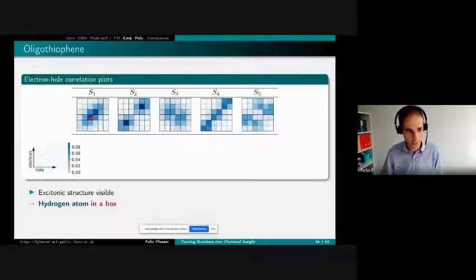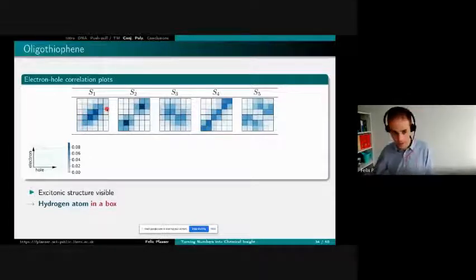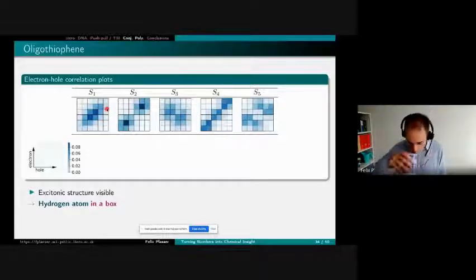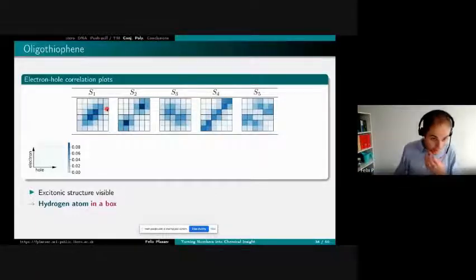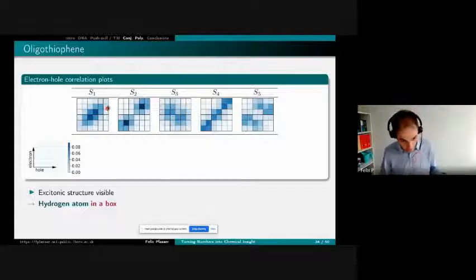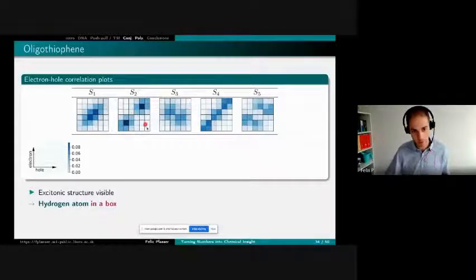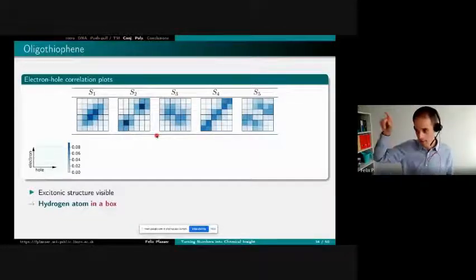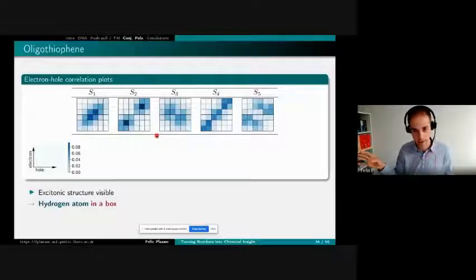So when we look at the S1, the S1 is the s orbital of the hydrogen atom and the ground state of the particle in the box. The S2 state is again the s orbital of the hydrogen atom, but now we have a nodal plane here because we have the particle in the box, the sine curve.